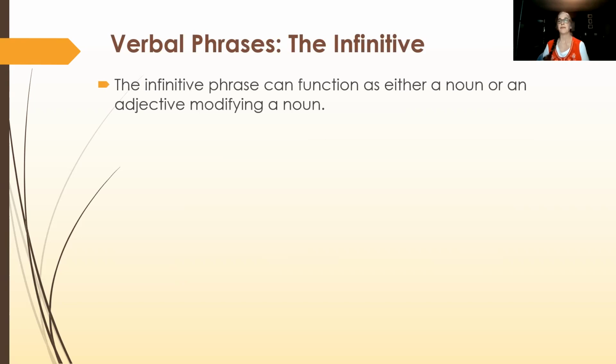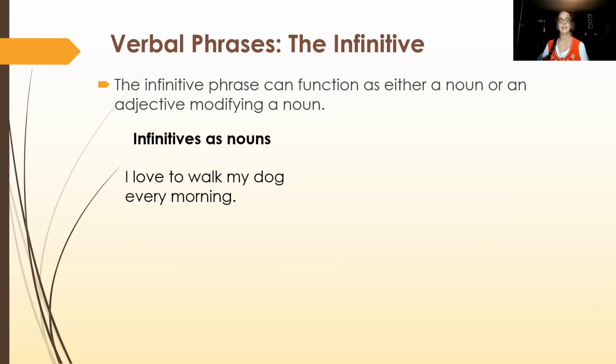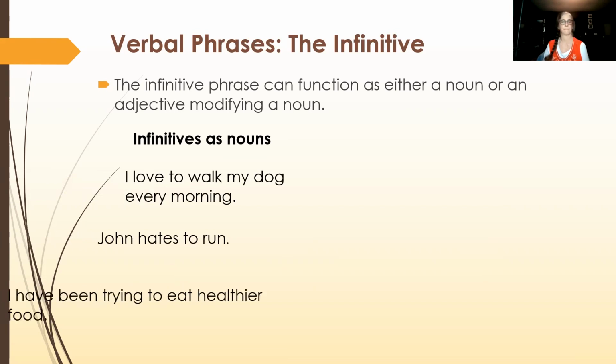Now, an infinitive phrase, this is interesting because infinitive phrases can function as either a noun or as an adjective modifying a noun. Let's look at how that works. Here are some examples of infinitives as nouns. I love to walk my dog every morning. John hates to run.